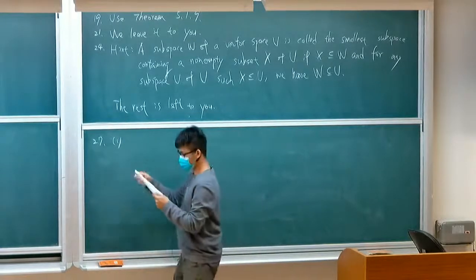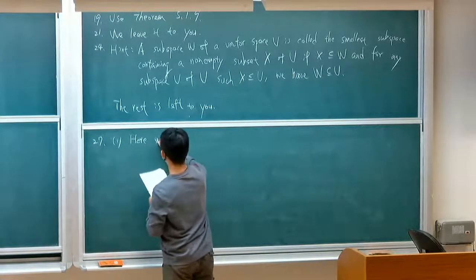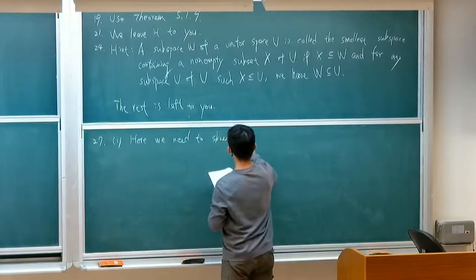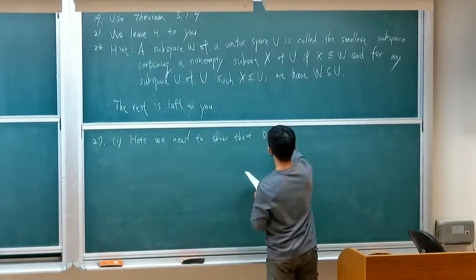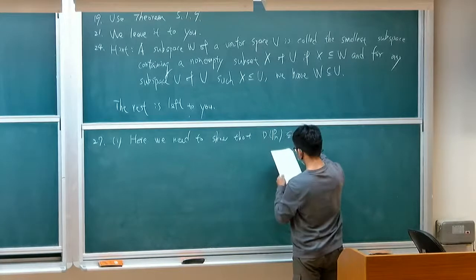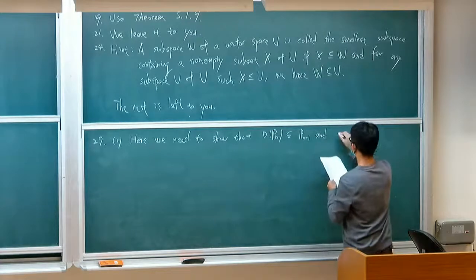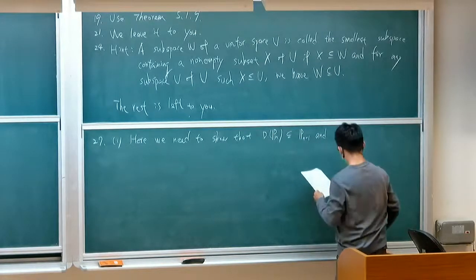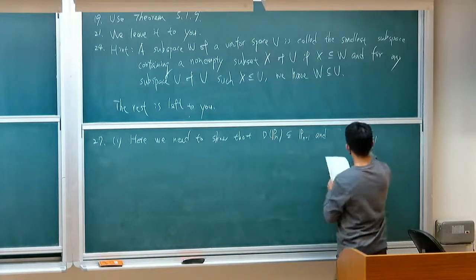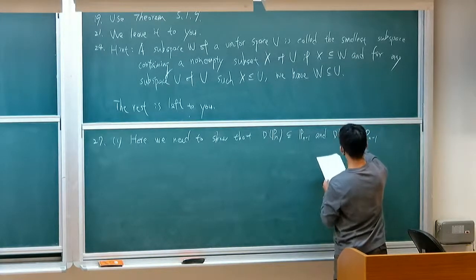This exercise contains two parts. For the first part, we need to show that D of Pn is a subset of Pn minus 1, and Pn minus 1 is a subset of D of Pn.